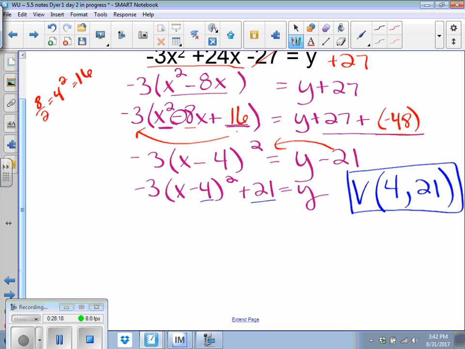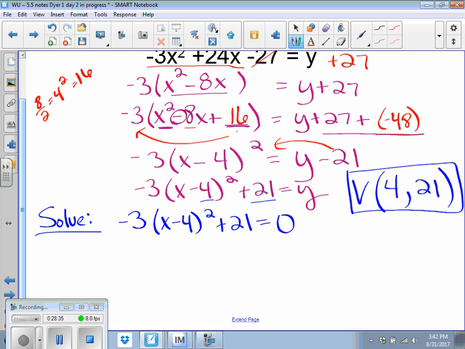Now we need to solve. And when we solve, we simply let y equal 0. We're finding the x-intercepts. So we have our equation that we just wrote. Y is 0.